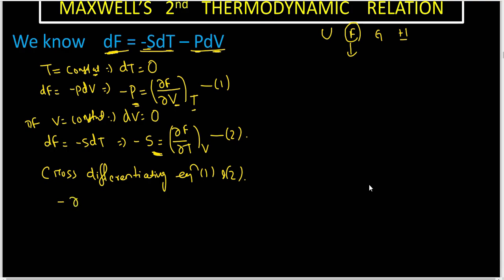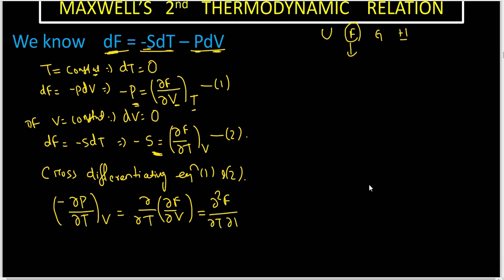Look at the first equation, equation 1: minus ∂P/∂T at constant V is equal to same part ∂/∂T of ∂F/∂V, because equation 1 has V in the derivative, so we differentiate with respect to T, that is equal to ∂²F/∂T∂V.